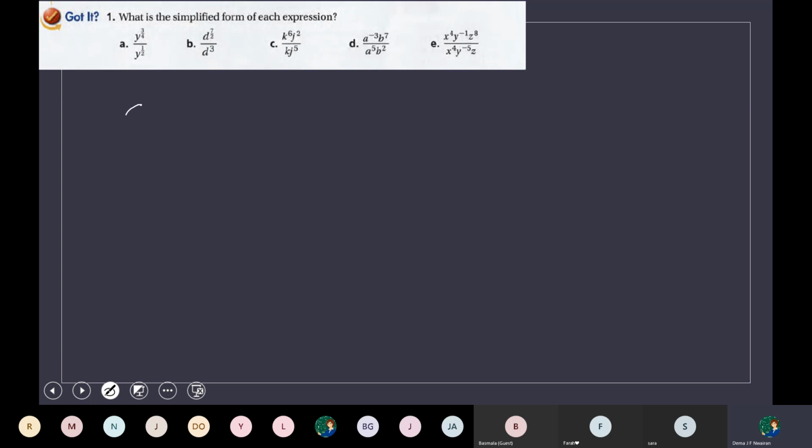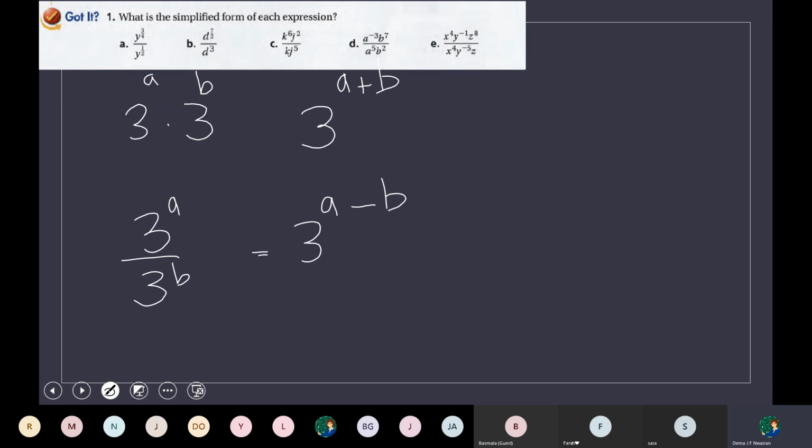If you have base times base with the same base, like exponents A and B, you add A plus B. If you divide bases with the same base, you subtract A minus B. So the exponents are added when multiplied and subtracted when divided.